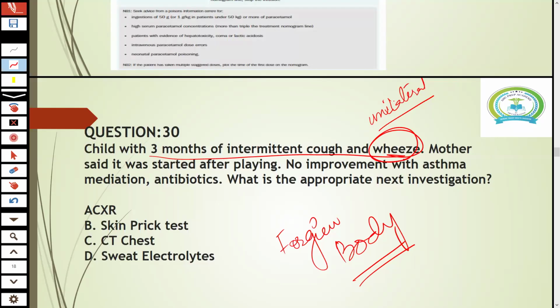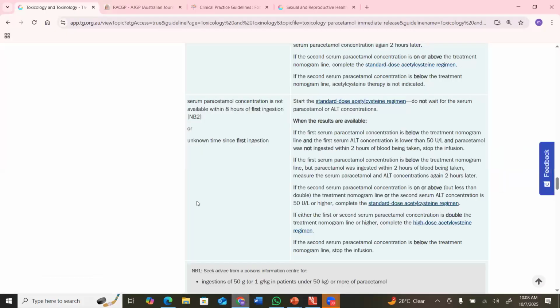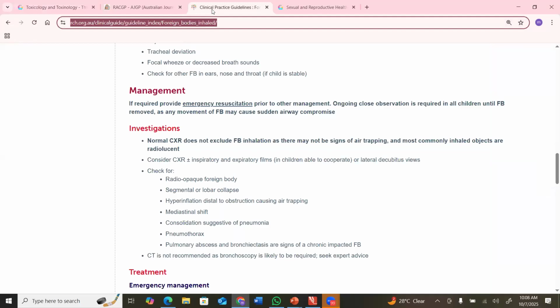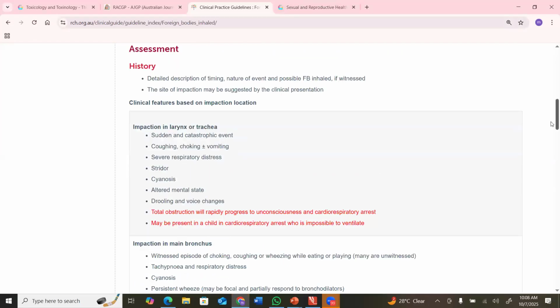So we have one guideline from the RCH. Just have a look. Okay, this is an important guideline, so you need to go through this guideline in detail. Right now we are just dealing with inhalational, but there is an ingestional one also.